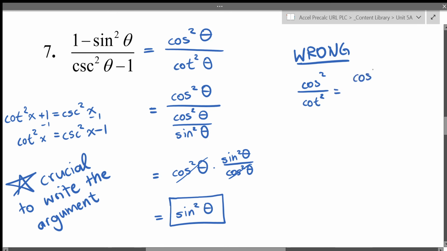This is cosine squared over sine squared. No. All right, this is a whole bunch of rubbish. This function, in order to evaluate anything, needs an argument, and that argument is usually theta for us. So do not forget the argument.